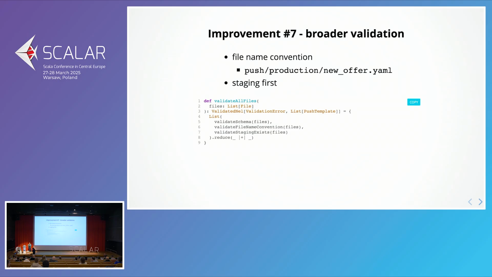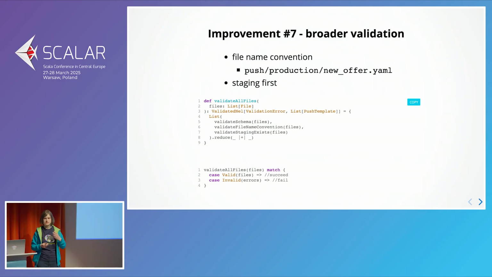And if you have a method like that, which again returns a validated value, then you can decide what to do. Because at the end, you will have either a list of the templates and the changes that you have made correctly, or a list of problems. And you want to display this whole list of problems to the user, fail the pull request, and be sure that none of these errors occur.